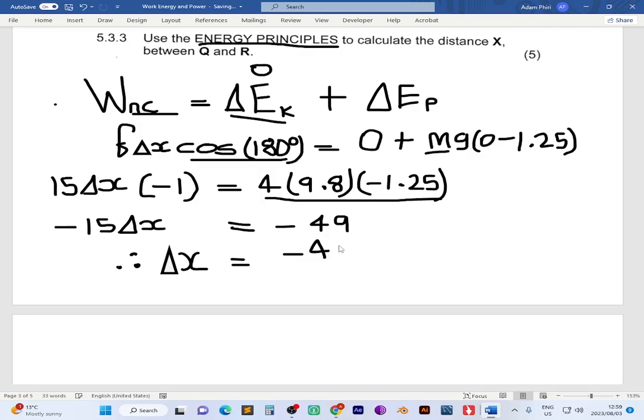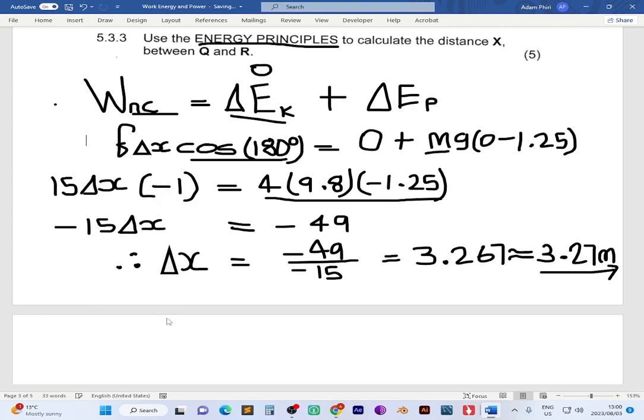That is going to be -49 divided by -15. So it's almost 3 point something. You can check 3 times 6.45. It's going to be 3.267, so that's equivalent to 3.27. Yeah, and that is going to be our meters done there.